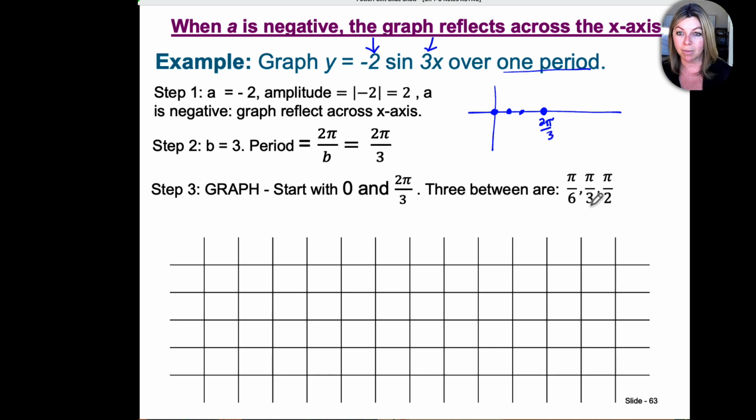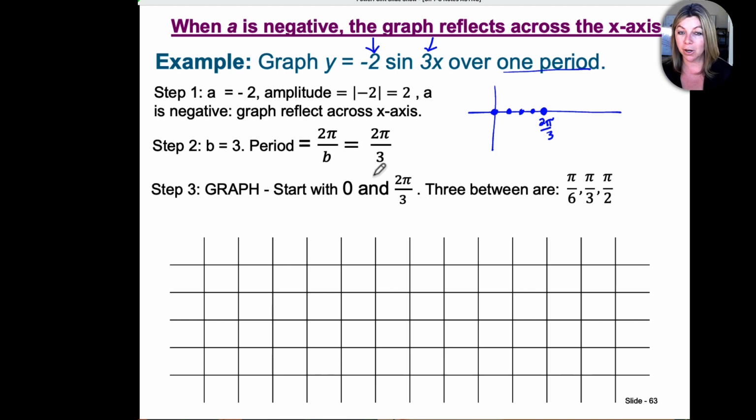You'll get pi over 3. So half the way there, we're going to be at pi over 3. And 3/4 of the way, again, just think of your 2 pi over 3, think about multiplying that by 3/4. And that will become 6 pi over 12, which reduces to half of a pi. Okay, so 3/4 of the way there, we're at half pi.